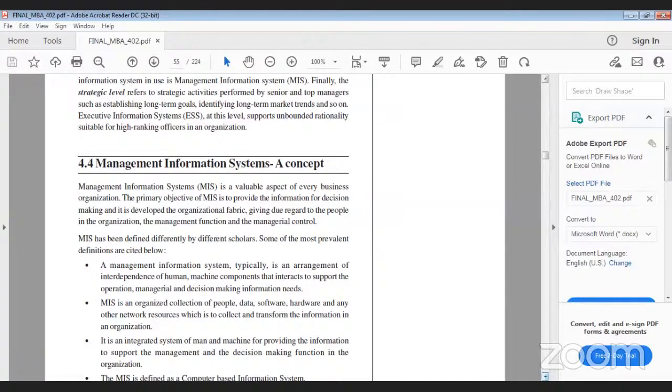Third, it is an integrated system of man and machines for providing information to support the management and decision-making functions in the organization.